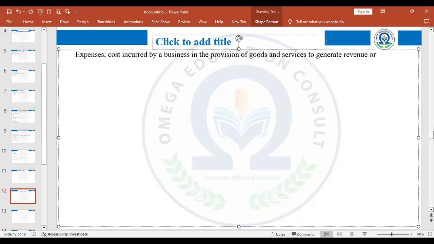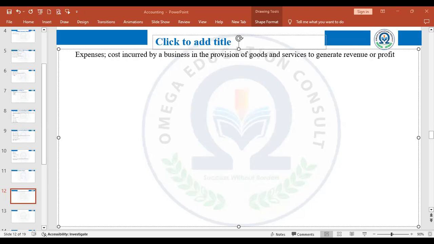So the cost that a business incurs in the process of making goods and services available to customers to gain profit is an expense. So for example, the Indomie seller would have to go to the gas filling station to fill up the gas to be able to prepare the Indomie to be given to customers. And as she does that, she's going to get profit, because when you sell to the customers, they pay you, you get some income or profit.